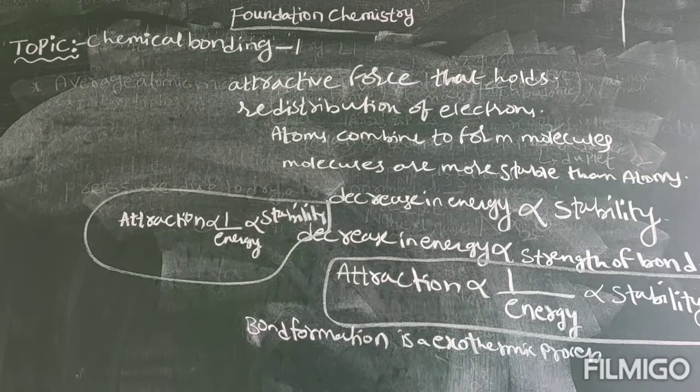So he concluded that elements having 8 electrons in the valency shell are stable, and we call it the octet configuration. Except noble gases, atoms of all other elements have fewer than 8 electrons in their valency shell. So that's why, to attain stability, they combine with each other.